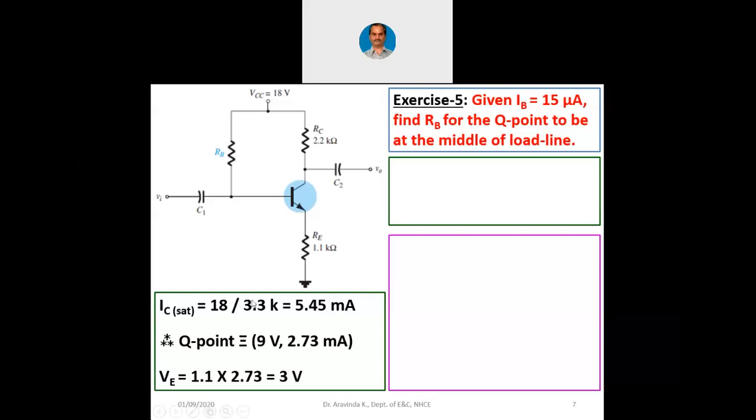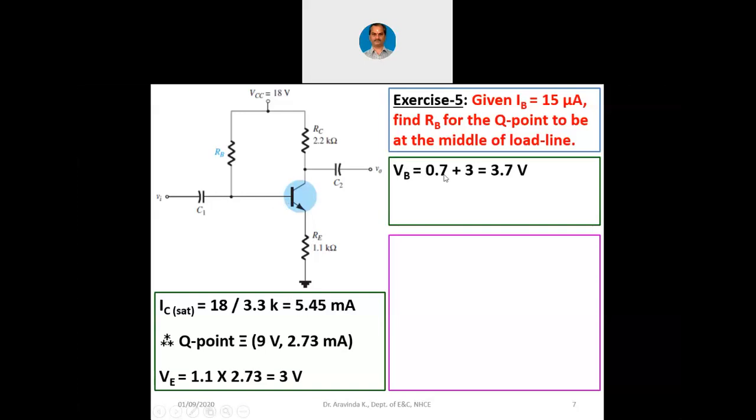Now, if this IC is found out, 2.73 milliampere, then naturally VE is RE into IE. So that is 1.1 kilo into 2.73 milli. That K and M, anyhow I am cancelling it out. So we get VE equals 3 volts. When we get VE equals 3 volts, VB is nothing but 0.7 plus 3 volts, because it is VBE plus VE.